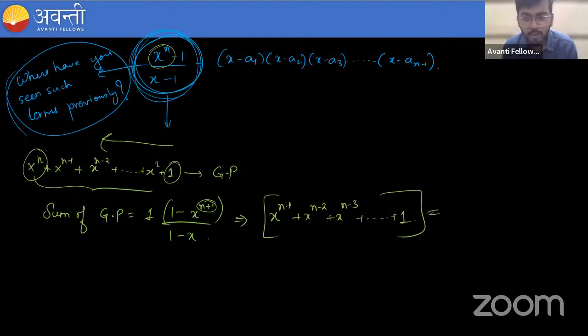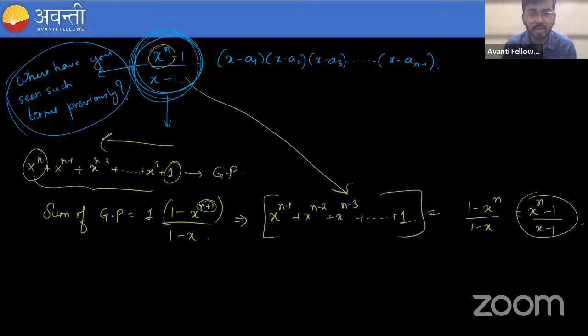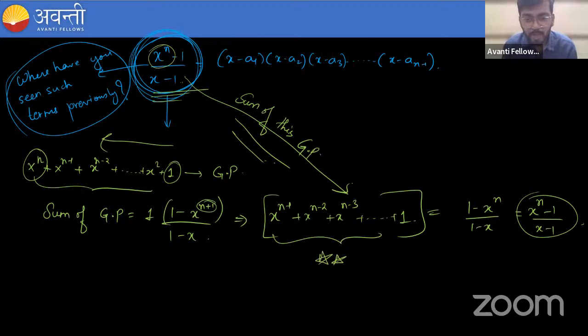So this will be equal to 1 minus x power n upon 1 minus x, which is also equal to x power n minus 1 upon x minus 1, right? So that is why we conclude that x power n minus 1 upon x minus 1 is equal to the sum of this GP. This was the important part and trick involved here.